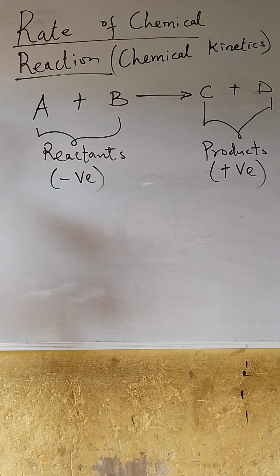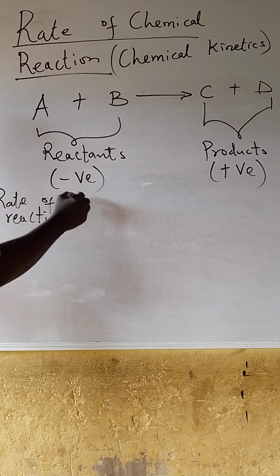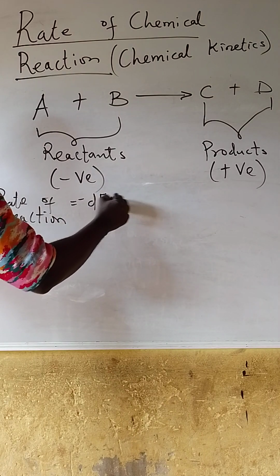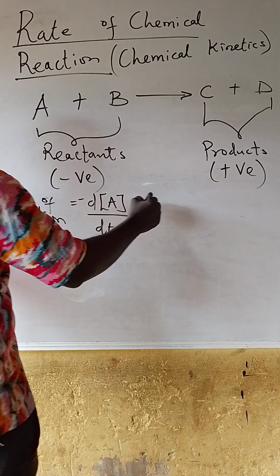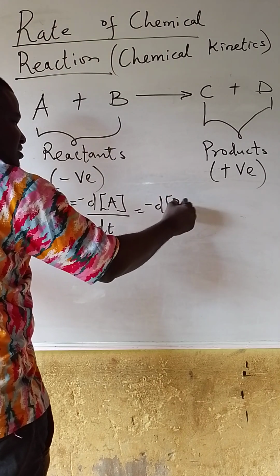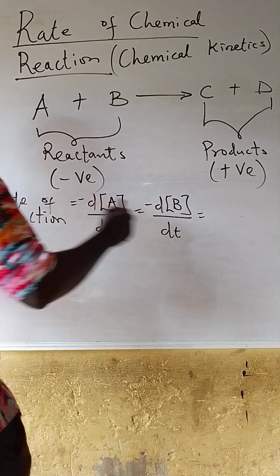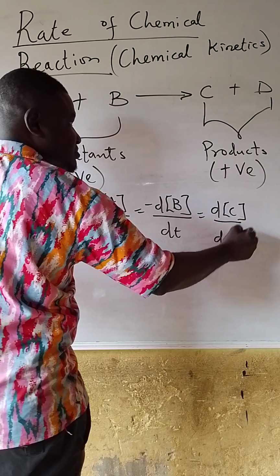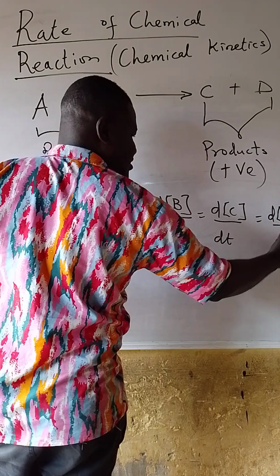So, rate of reaction for this negative side is minus change in the amount of B over the time taken, which is equal to positive change in C over the time taken, and it's equal to change in D over the time taken.